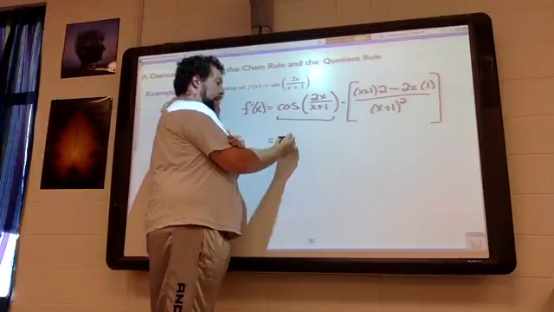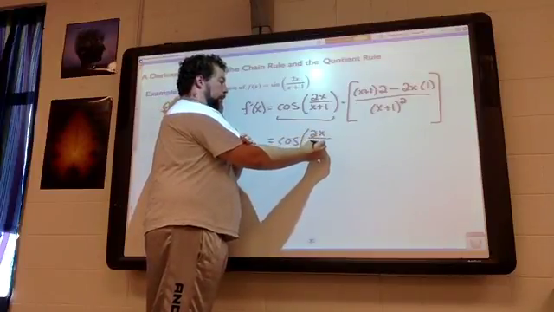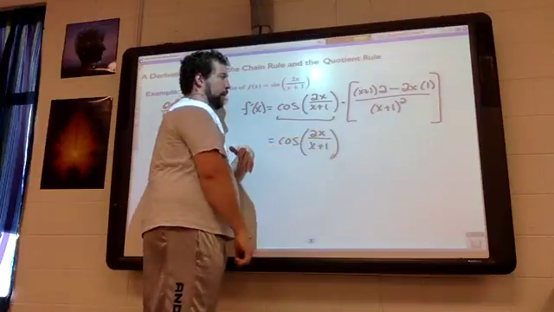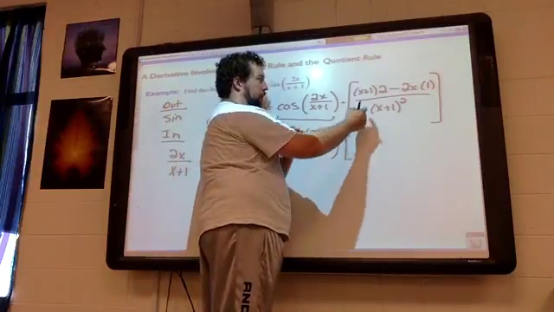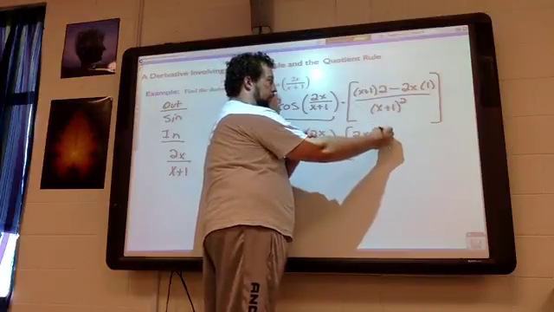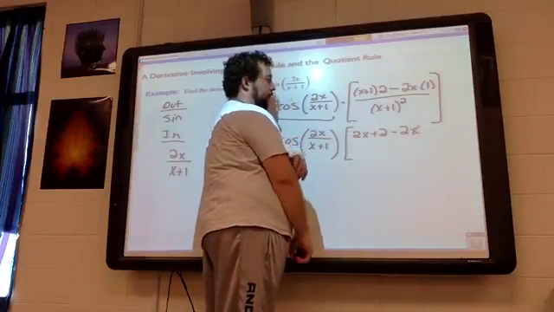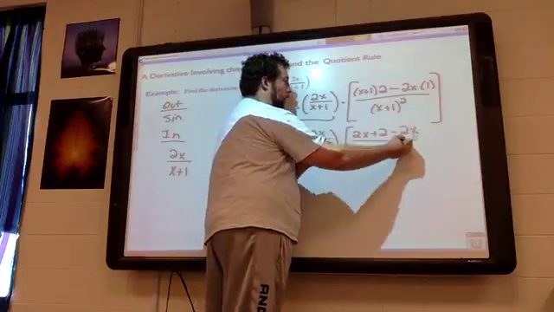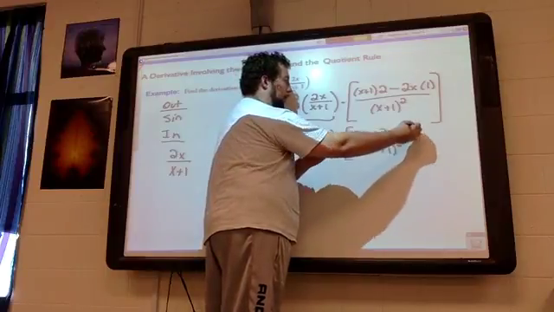So we got the cosine of this 2x over x plus 1. We clean this up a little bit. At the top, when you distribute through there, it's going to give me 2x plus 2 minus 2x, if I did that right, all over x plus 1 squared.